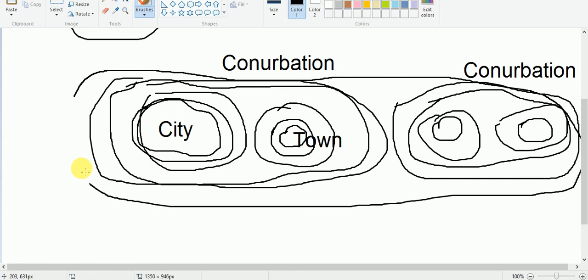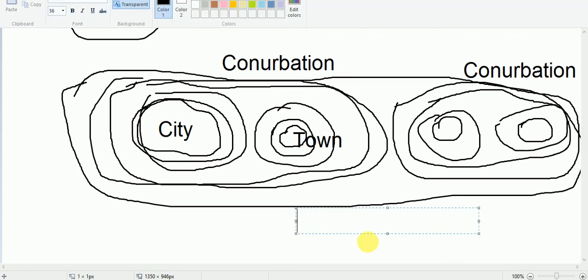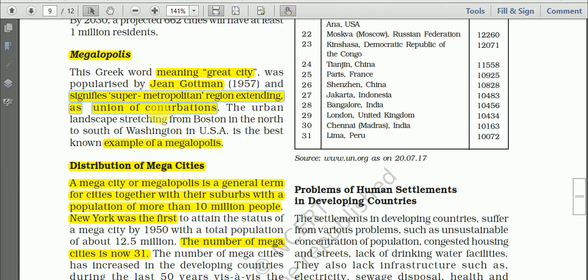This super metropolitan region is known as a megapolis, a union of conurbations. So we have a very good example of megapolis here.